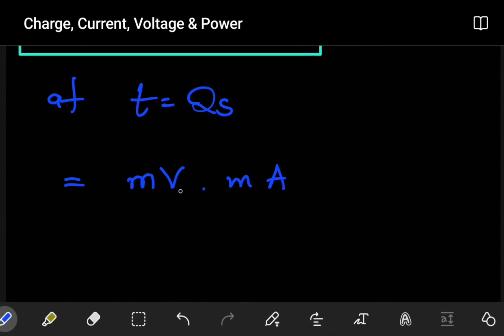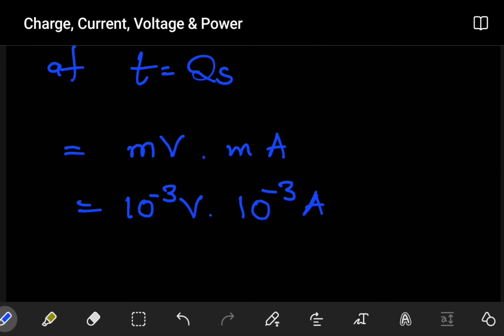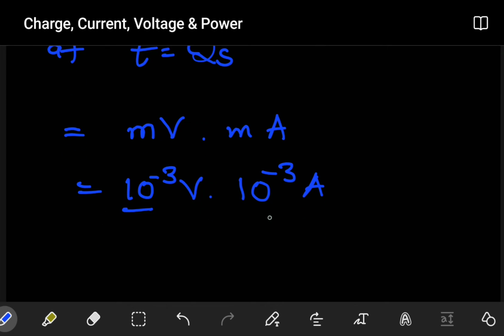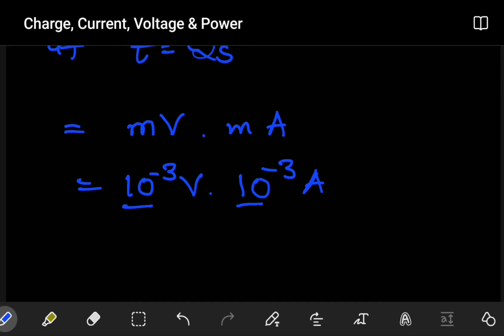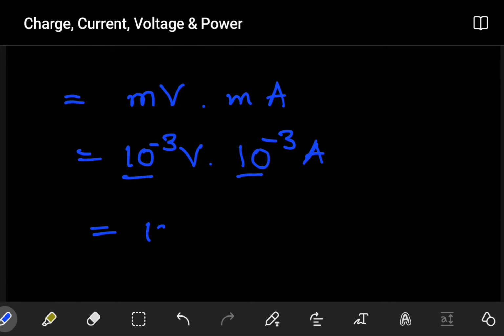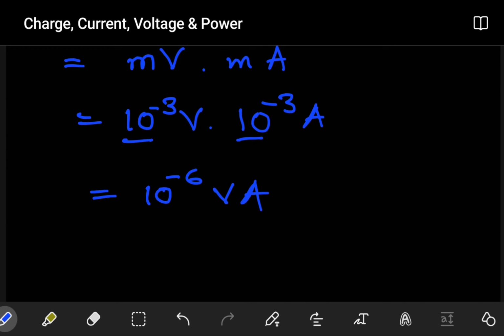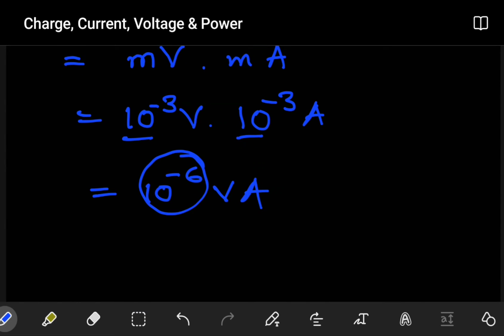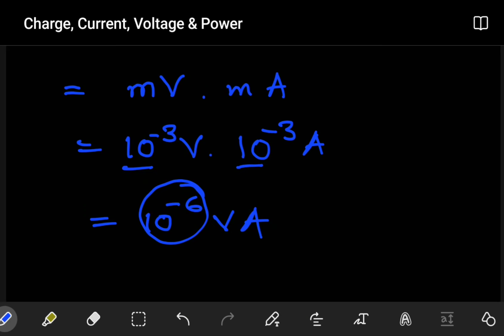So if you were to just quickly convert this, this is 10 to the power negative 3 volts, multiplying 10 to the power minus 3 amps. So if we just look at this, this is 10 to the power negative 3, 10 to the power negative 3, same base, so you can add the powers. This becomes 10 to the power minus 6, then volts and the amps. So all I'm looking at is this part. We know that when we multiply this, we get power.